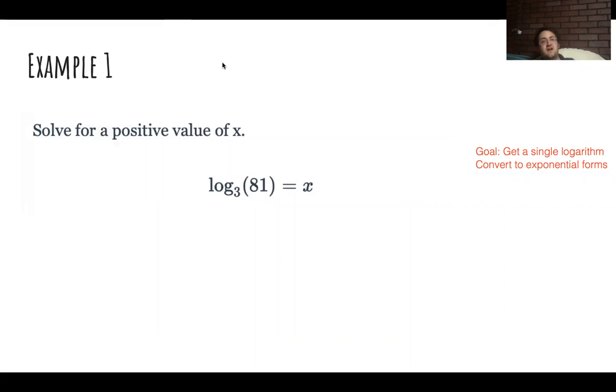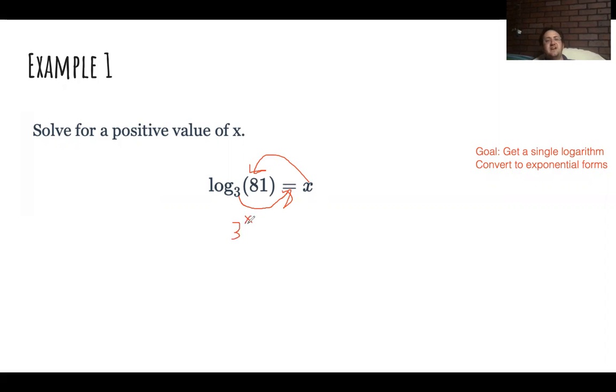So in 5.1, I already had you set a logarithm equal to x. I do that so that we can convert between exponential and logarithmic form. It also helps with solving, and some of your basic ones are just formally setting the logarithm equal to x.